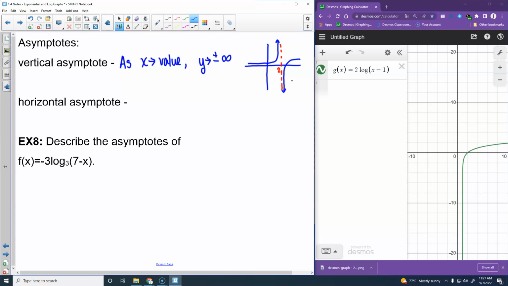Horizontal asymptote is different. Okay? It's basically like we switch those two things. So as y approaches either positive or negative infinity, it could be on either side, x approaches some value. So the way that this looks, hold on.